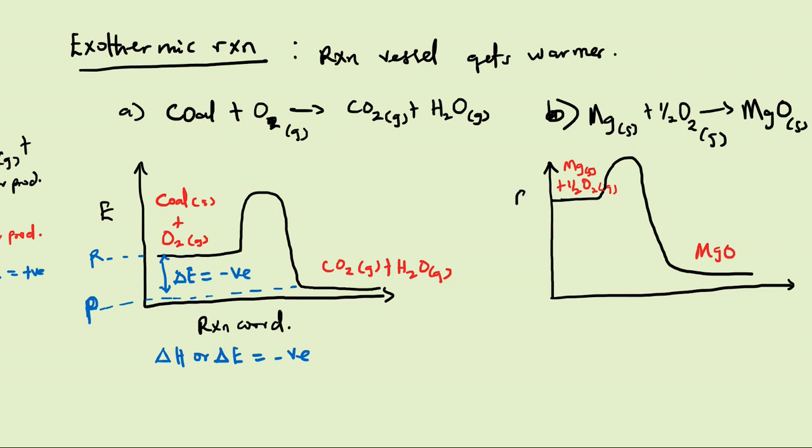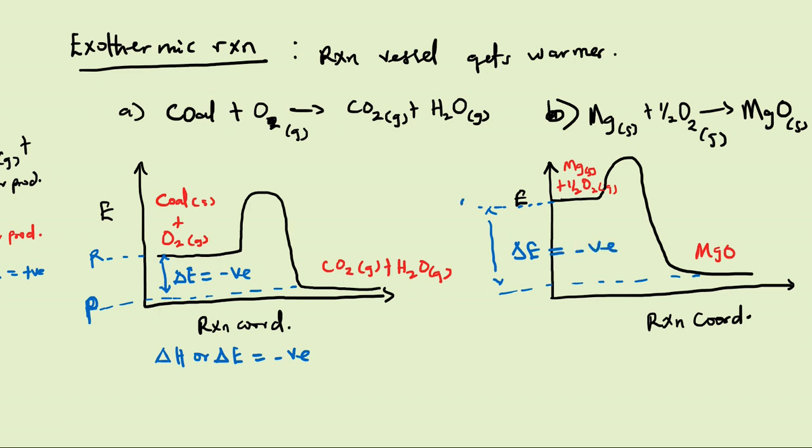And this is energy, and this is reaction coordinates again. So if you compare the energy of the reactant, which is magnesium and oxygen, to the energy of the product, which is magnesium oxide, you will realize that the delta E for the reaction is negative, right?